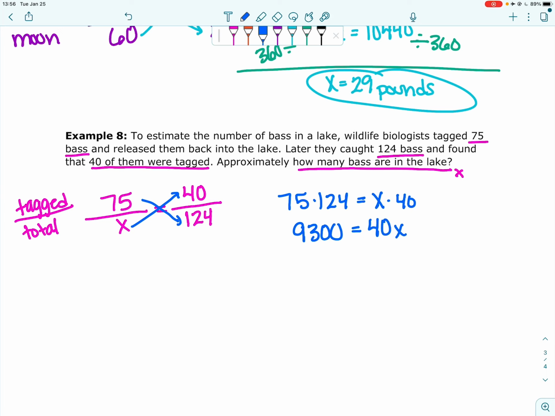Divide both sides by 40 because we want just 1x, not 40x. And we get 232.5 equals x.